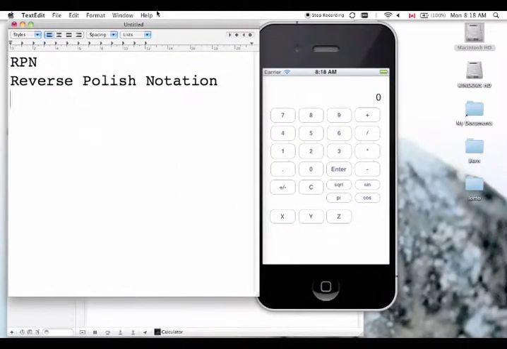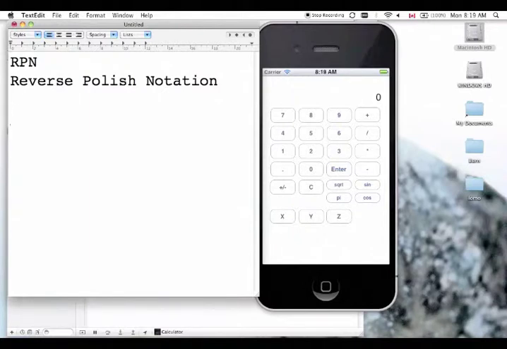an RPN calculator, reverse Polish notation, and this is how we decided to build the model for this calculator. If you're not too familiar with it, in RPN, all the different operands get accumulated in a stack, and then when an operation such as a plus or a minus comes in, it will consume two operands at a time.